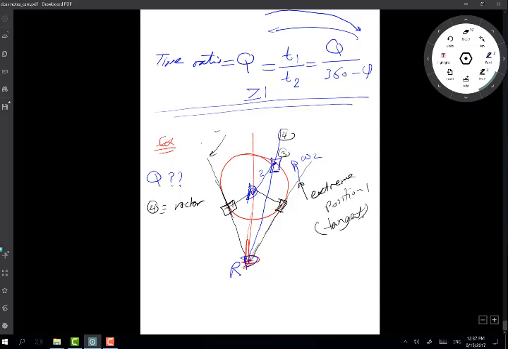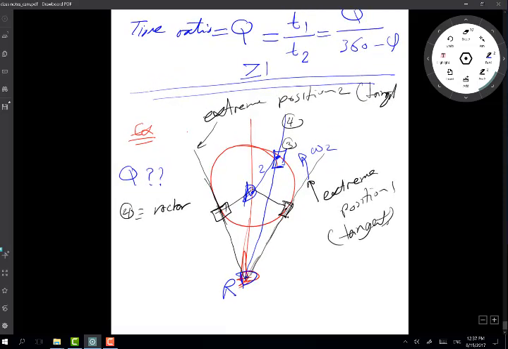This one here is extreme position 2, which is also tangent. The stroke then, this is the stroke here, or gamma or whatever you want to call it.